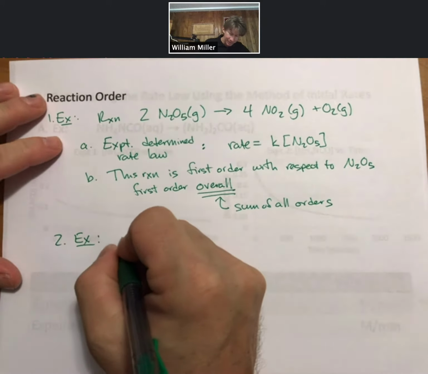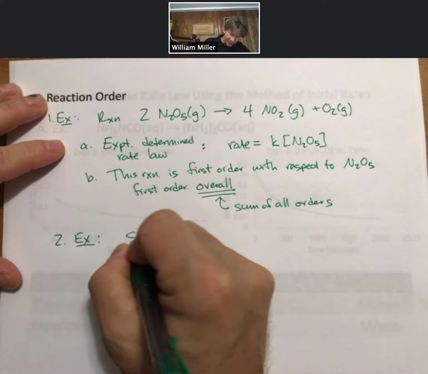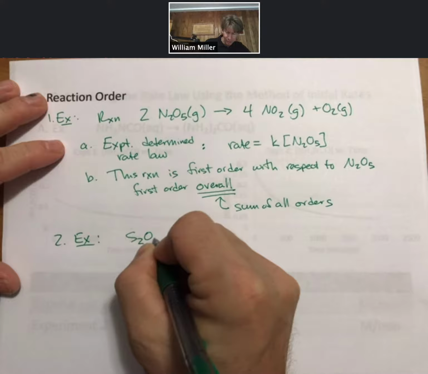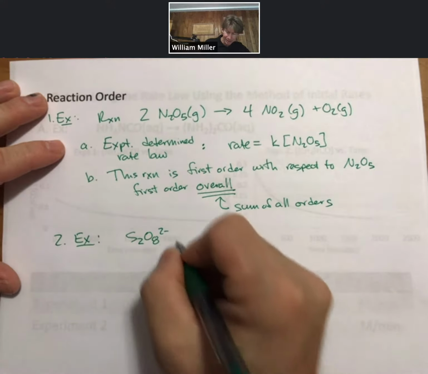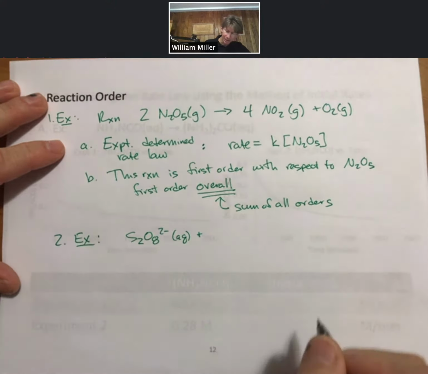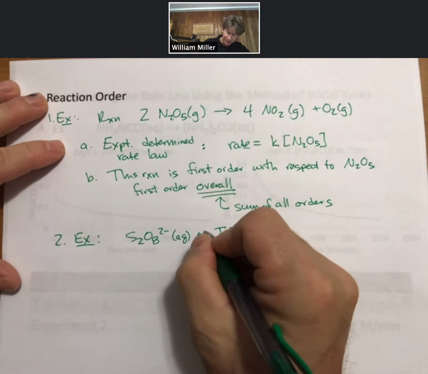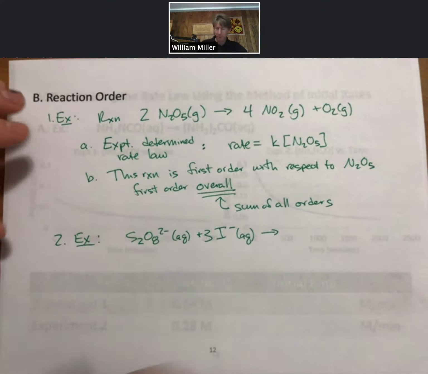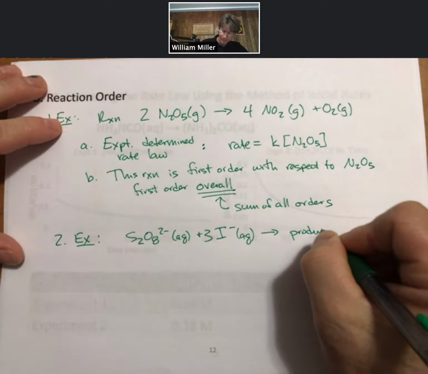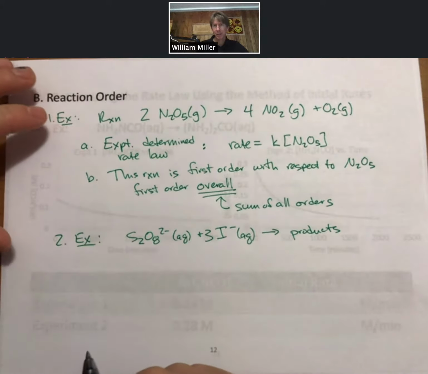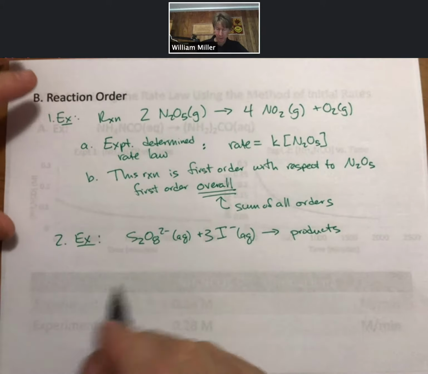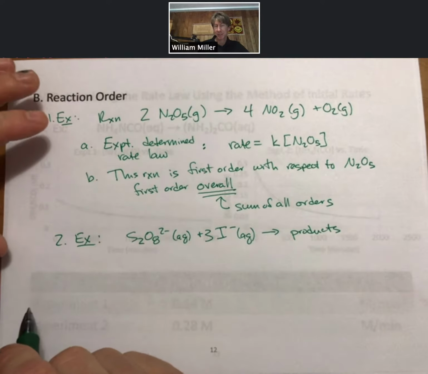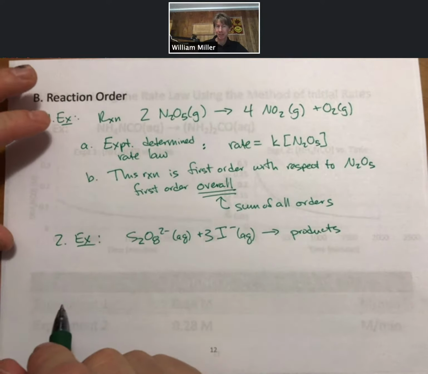Let's do S2O8 2 minus, aqueous, plus 3 I minus, aqueous, goes to products. And it's okay that I cannot remember the products, but I can only remember the reactants in this because we would determine this using the method of initial rates, which we're about to talk about.